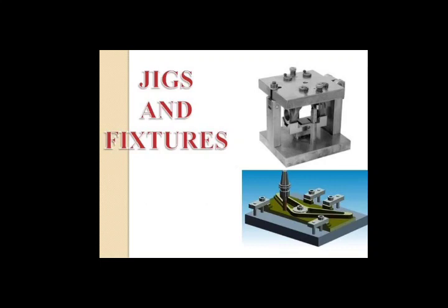Therefore, we always say that a jig performs 3 functions: first, clamping the job to the table, second, locating the job in the correct machining position, and third, guiding the tool towards the workpiece, whereas in the terminology of fixture we always say that a fixture will perform only two basic functions: it will hold and clamp the workpiece securely, and it will locate the workpiece, but it will not guide the tool towards the workpiece.